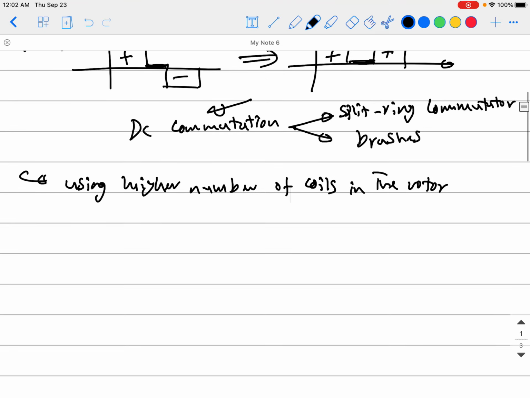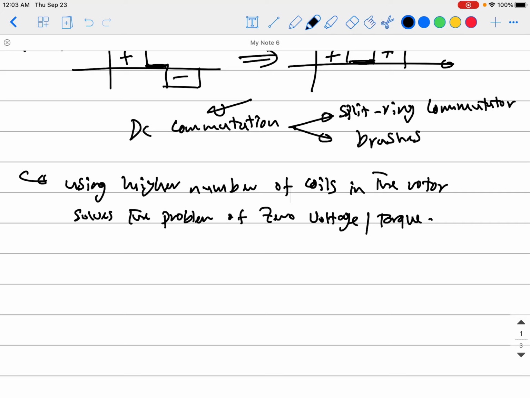Using a higher number of coils in the rotor solves the problem of zero voltage from a generator or zero torque from a motor.